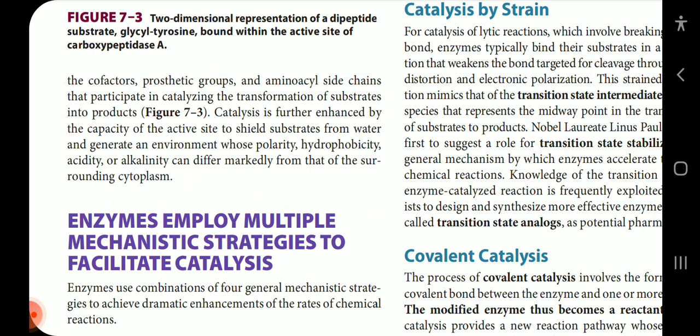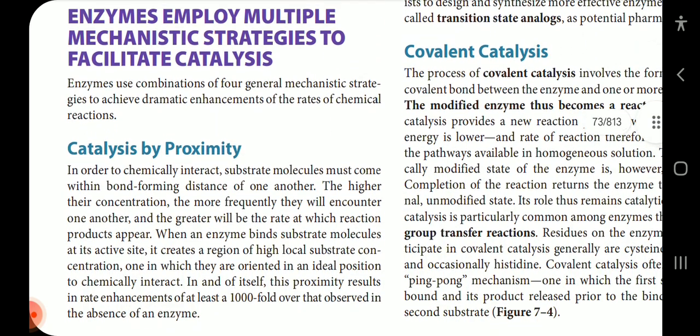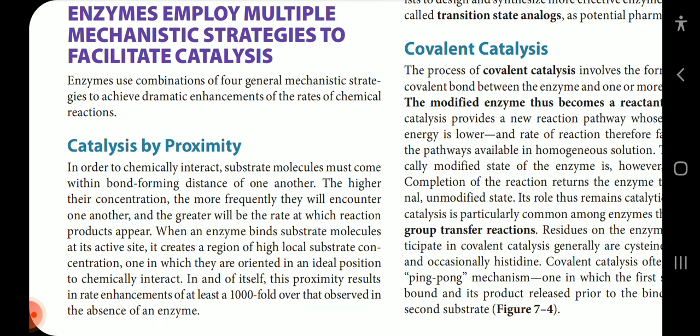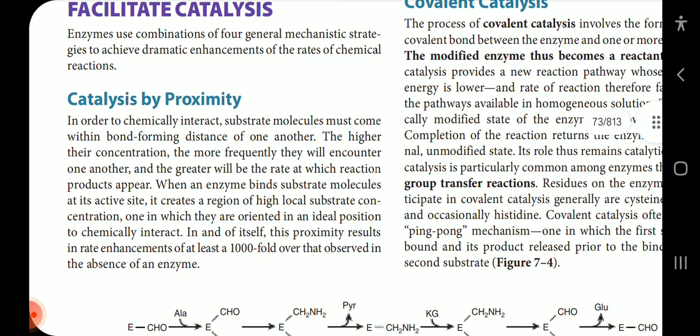Enzymes employ multiple mechanistic strategies to facilitate catalysis. Enzymes use a combination of four general mechanistic strategies to achieve dramatic enhancement in the rates of chemical reaction. Catalysis by proximity: in order to chemically interact, substrate molecules must come within bond forming distance of one another.